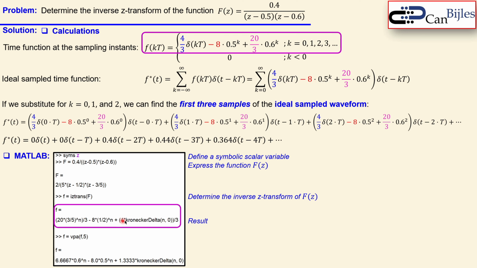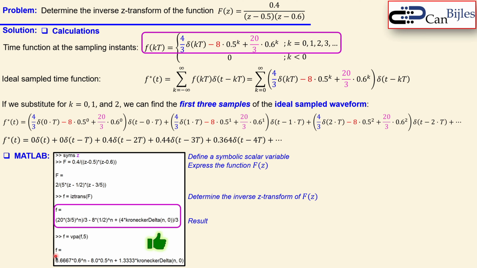So 4 times the canonical delta over 3, and this n means that is kT. And we have also this minus 8 times 0.5 to the power k, which is this second term. So the order is different, but it doesn't matter. And we have also this 20 over 3 times 0.6 to the power k, which is actually shown here. So everything is in place there. And again, this is correct.